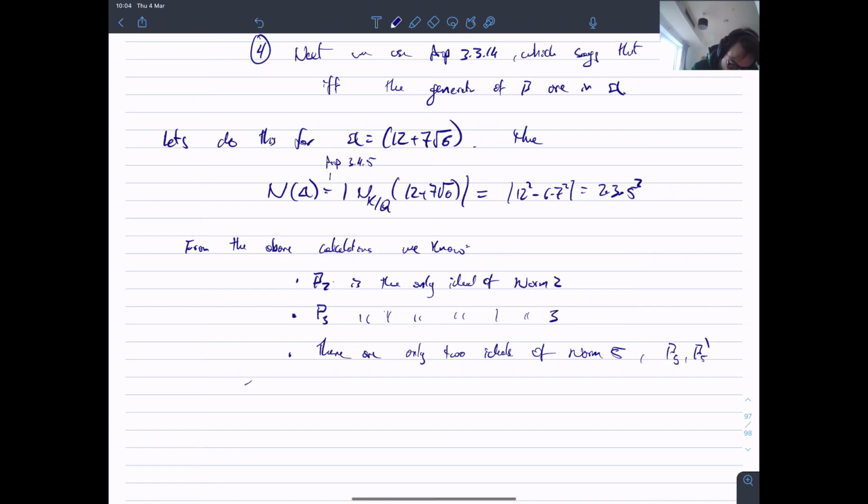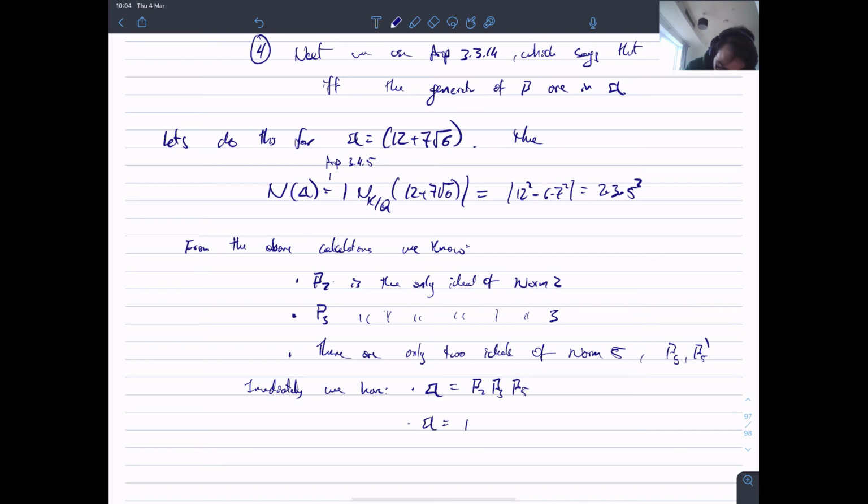Immediately we have the following possibilities for the factorization. We have three cases. Either this is P2 times P3 times P5.